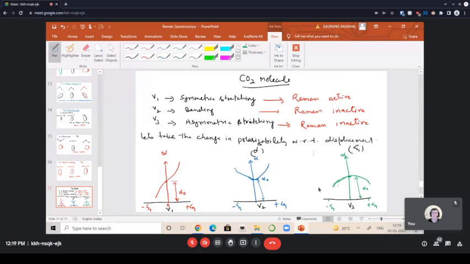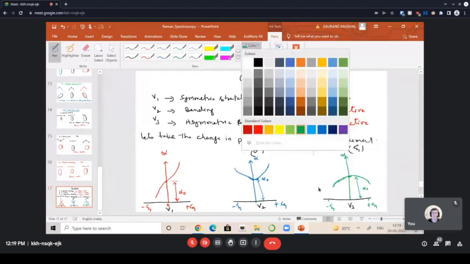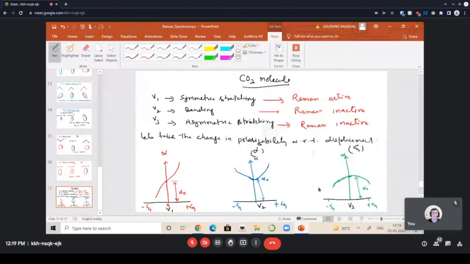Now, if you see the respective slopes of these curves, at this point the slope is going to be like this. If you draw the slope at that point here, it will be like this.